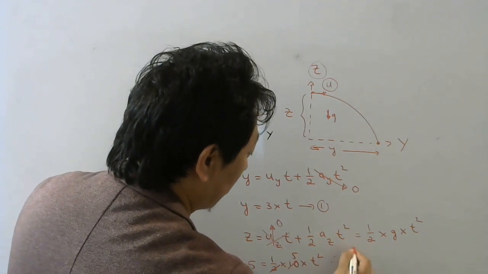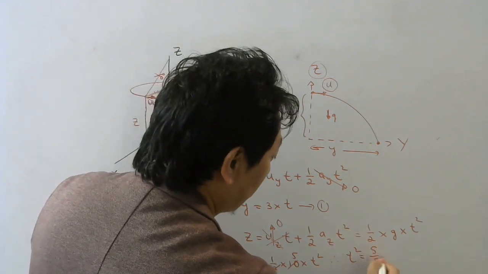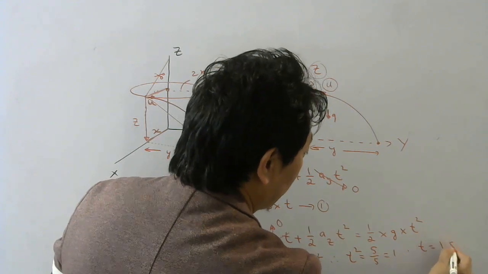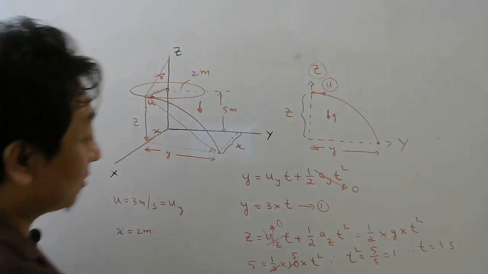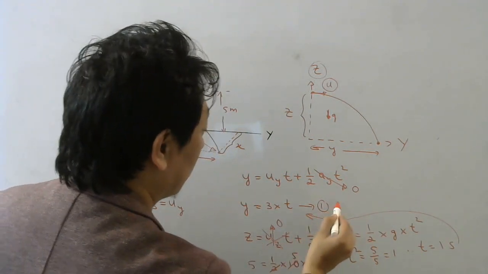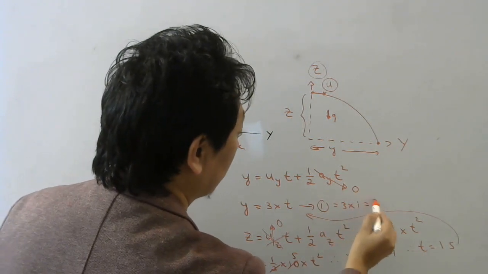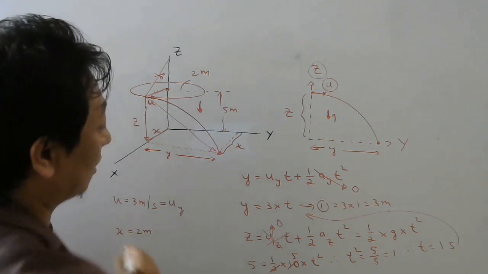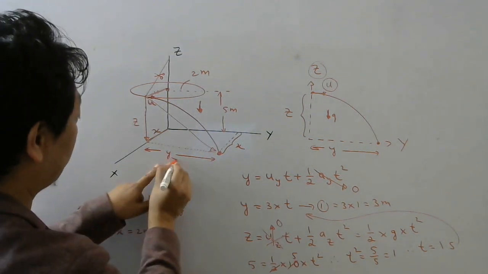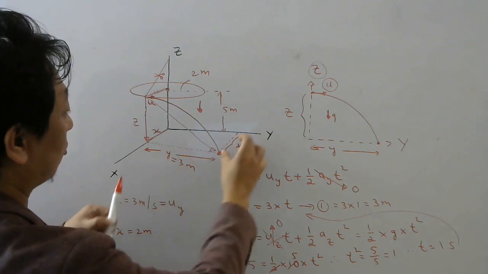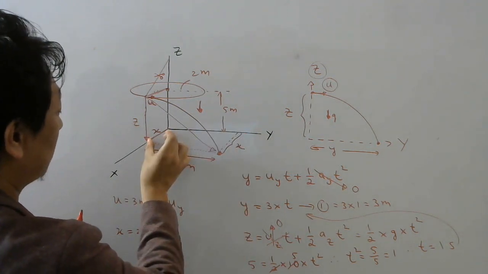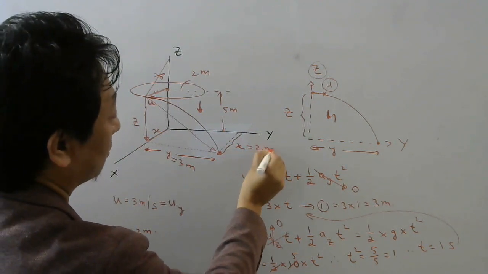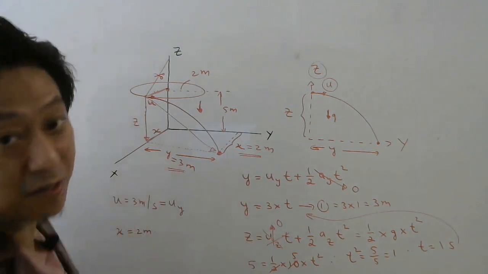So from here t square will be 5 divided by 5, which is 1. So therefore t will be square root of 1, which is 1 itself. Then substitute this 1 here. You will get y as 3 into 1 equal to 3 meter. That means when the particle reaches here, your y is 3. And this x already we discussed is the radius, which is 2 meter. So x is 2 meter, y is 3 meter, right?